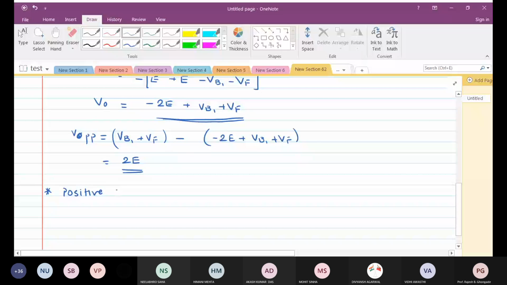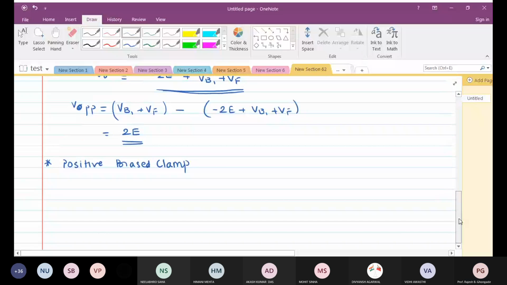Okay, so obviously the next circuit is the positive biased clamp. You can call this clamp, voltage clamp, clamper, all those are synonymous terms. So obviously now I can have the circuit like this for the positive clamp. Again your C1, R1.